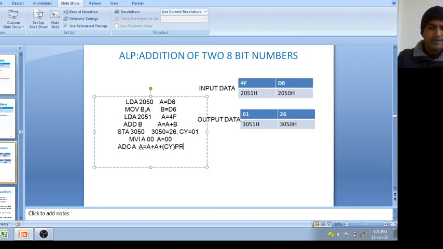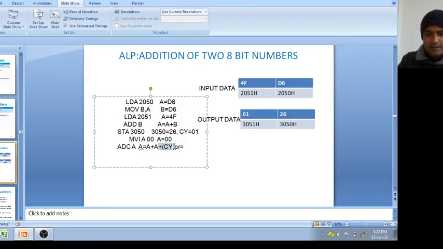Now what is happening? Now value of A is 00. So ADC A means A equal to CY previous, because A is 0.